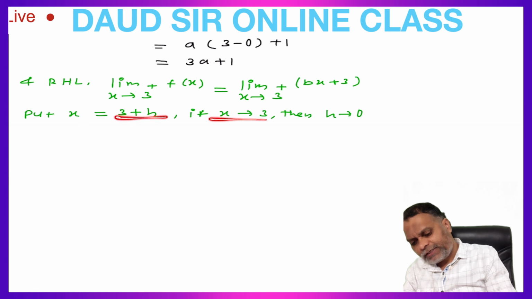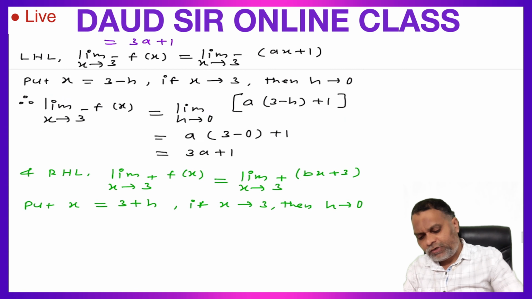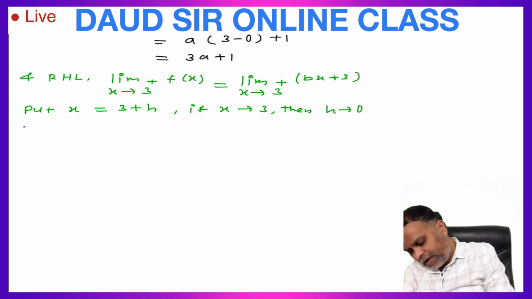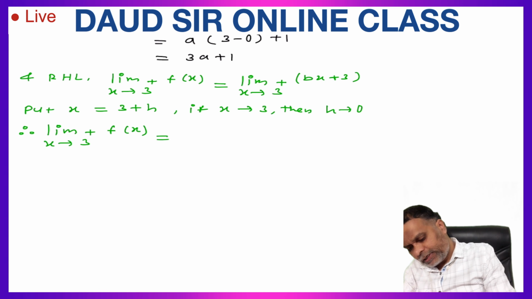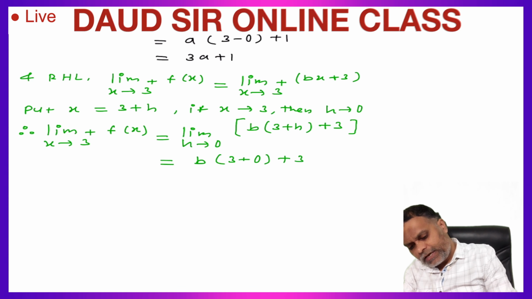How? Put this 3 plus h, 3 plus h tends to 3, 3, 3 cancel, that is h tends to 0. Therefore, right hand limit will become limit h tends to 0 of b into 3 plus h plus 3. Substitute h is equal to 0. So b into 3 plus 0 plus 3, that is 3b plus 3.